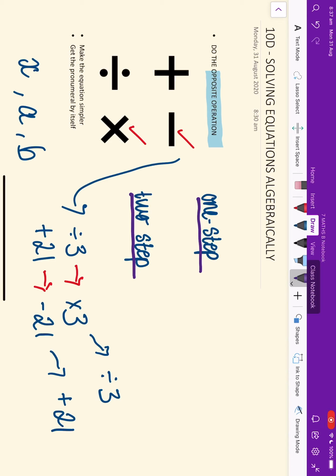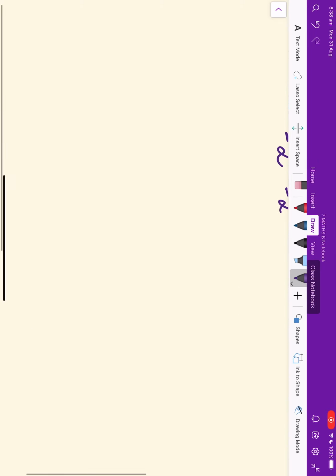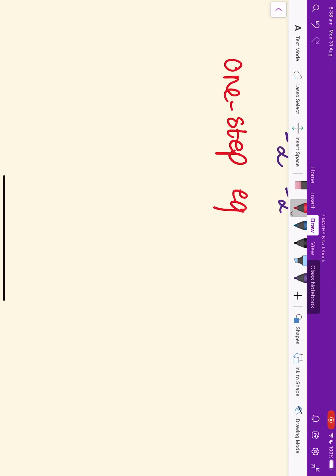You've done lots of problems before in maths where it's required more than one step, so it's not a big deal. Let's first do some one-step equations. I'm going to make a title, one step, and I'm just going to say this is short for equations.